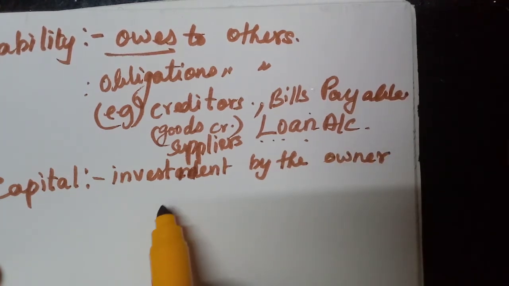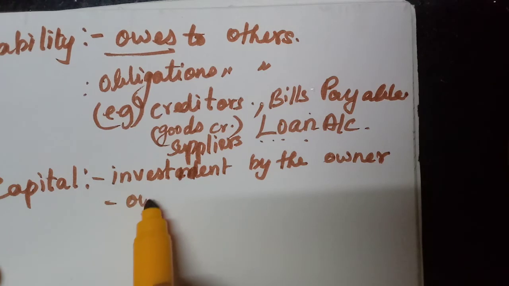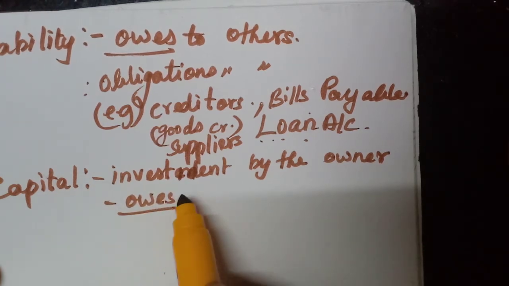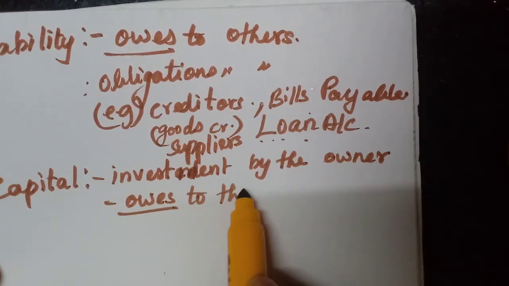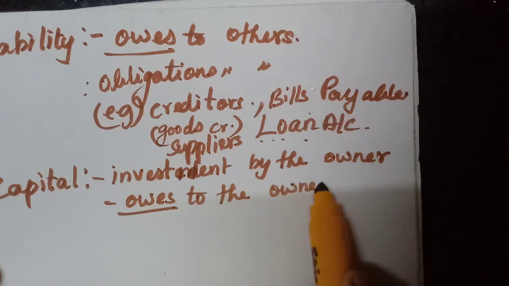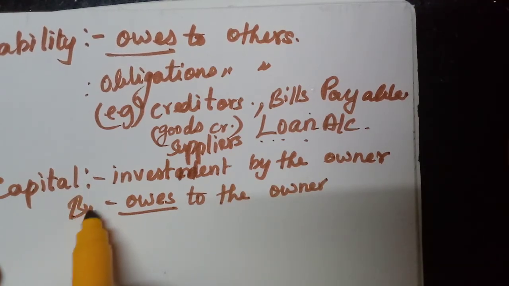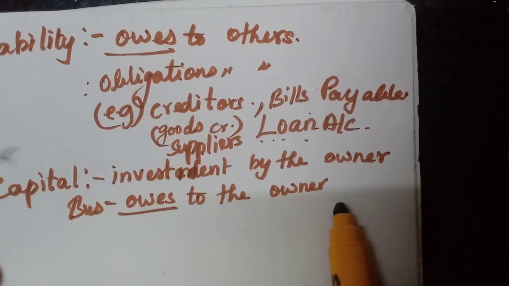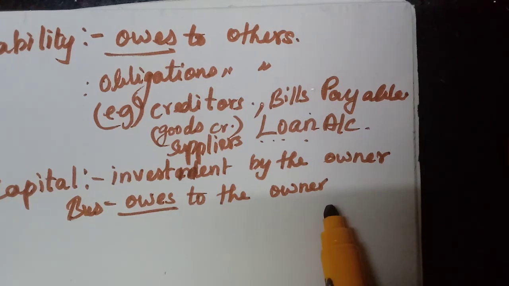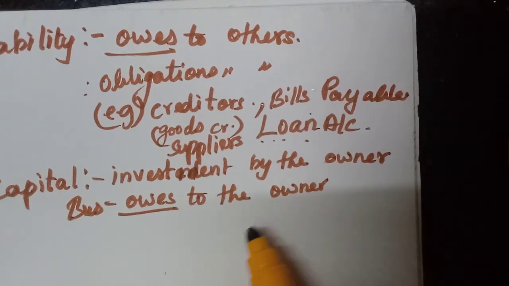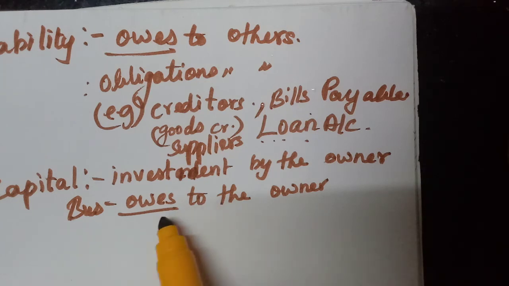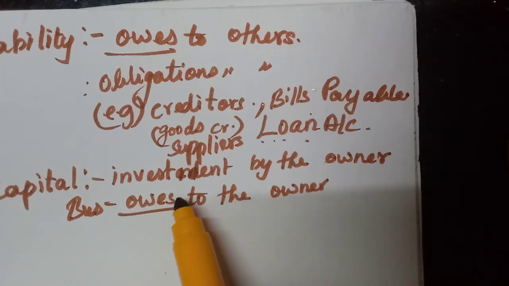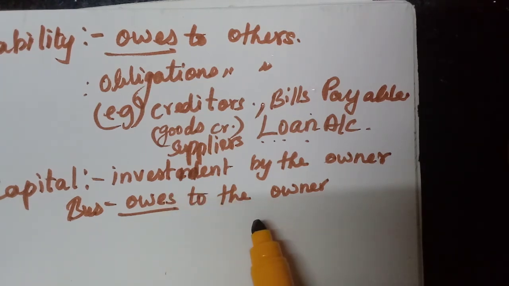Here the business owes to the owner, because of the business entity concept we learned, isn't it?